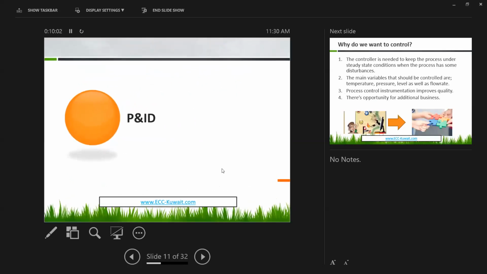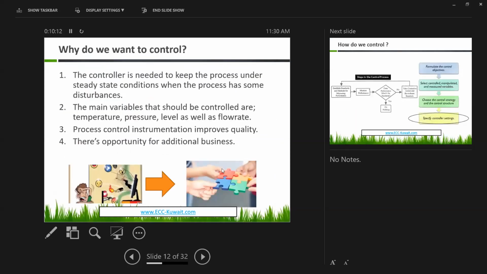Okay, going to the major title in this class, which is the piping and instrumentation diagram. What is the piping and instrumentation diagram?